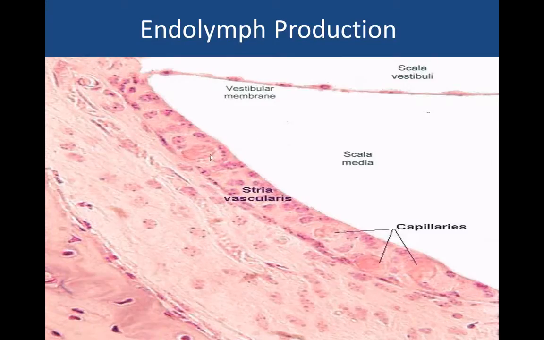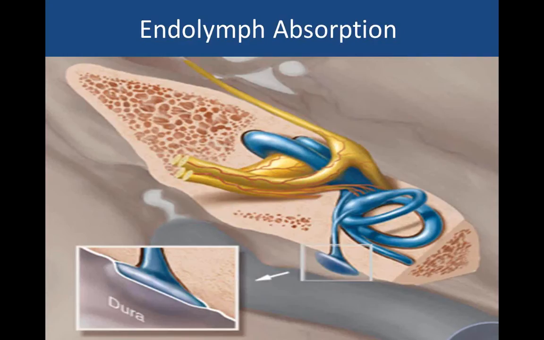Very quickly, anatomy lesson 101 for the day: if we look at the fluid of the scala media that bathes the organ of Corti, we know that endolymph is produced by the stria vascularis. That's the faucet of the sink.